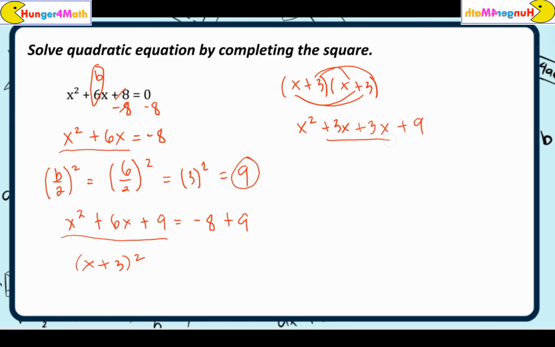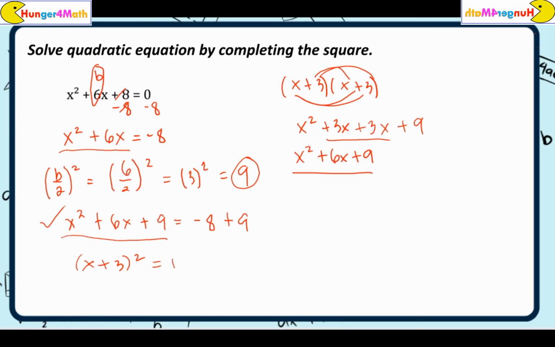Now we can add the middle term, x squared plus 6x plus 9, which is the same as this. Then continue, equal negative 8 plus 9 is 1.